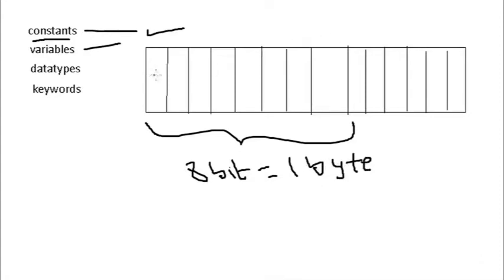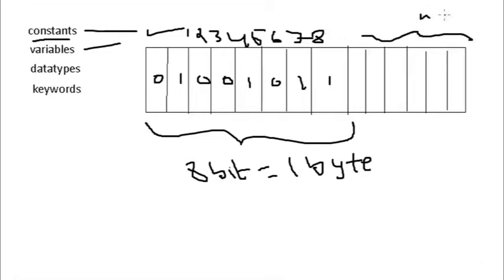The values zeros and ones are stored in these bits, 0 or 1. And all of you know that computer memory has its own address. For example, let's say this byte has the address 1 2 3 4 5 6 7 8, and similarly this byte is going to contain its own address.